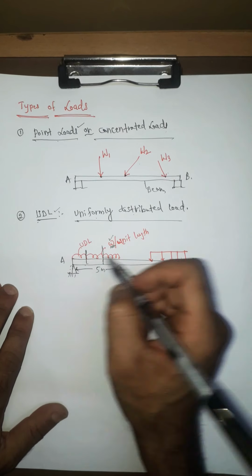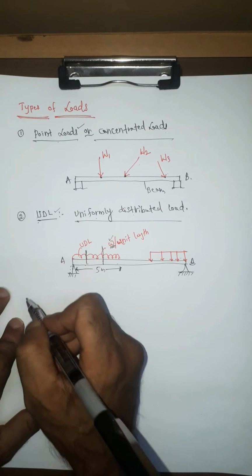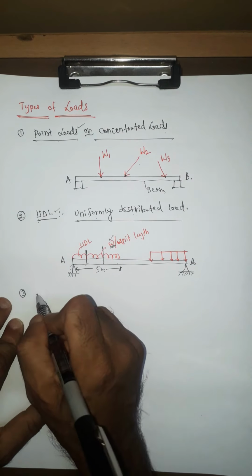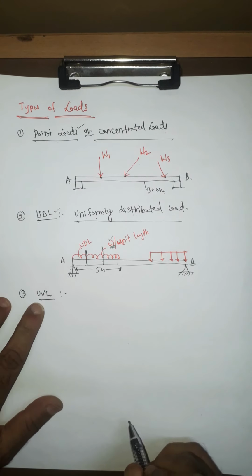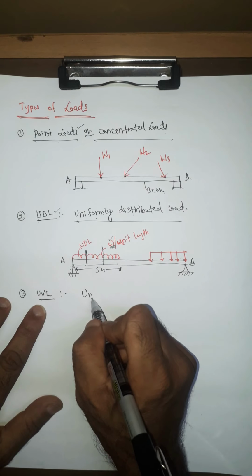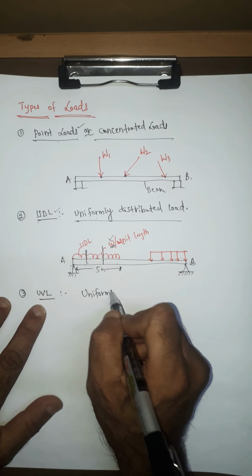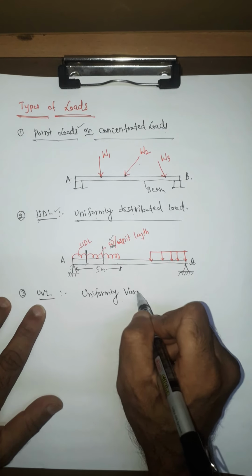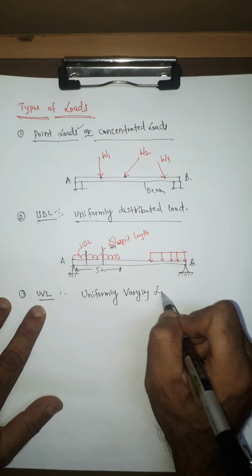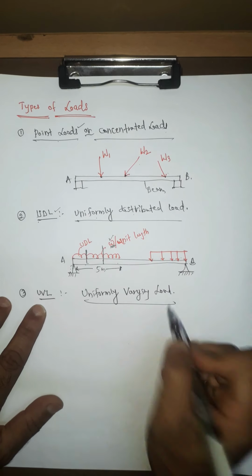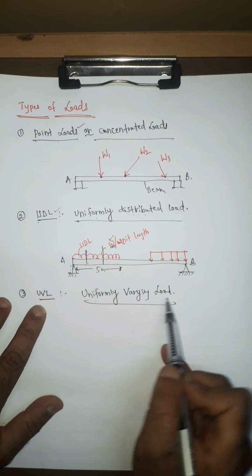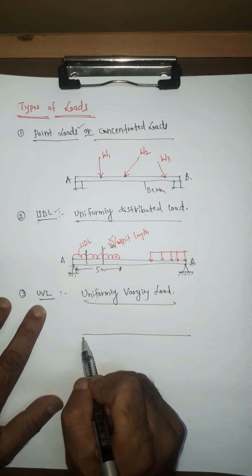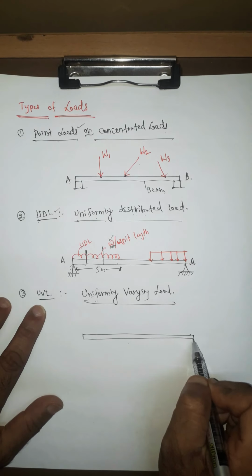Second is UDL, and then the third is UVL, that is uniformly varying load. As the name indicates, it is not uniformly distributed, but uniformly varying. The intensity is going to change from point to point.